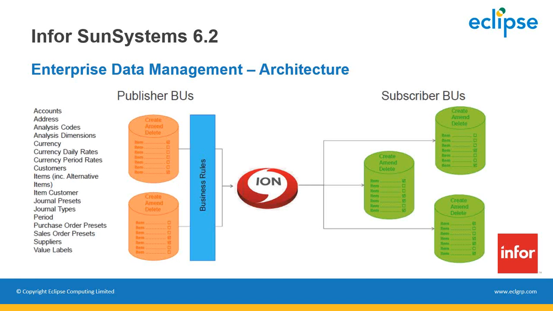But then Infor Ion picks up the business rule triggers, it fires off a request to Infor Ion, which will then, depending on the rule that is configured, take the information from the publishing business unit and then push that out to one or more subscriber business units within the target architecture.